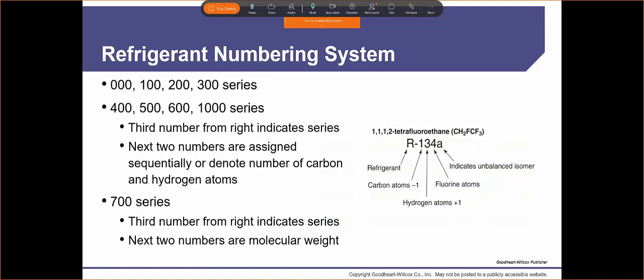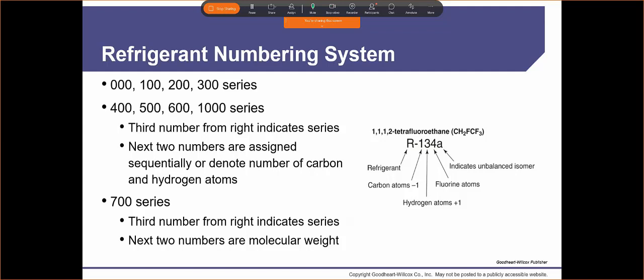So the refrigerant numbering system: the third number from the right indicates the series. The next two numbers denote the number of carbon and hydrogen atoms. I think some chemists thought this was really interesting.